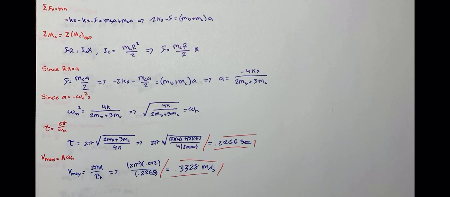And we know that Vmax is equal to A times omega n, which turns out to be 2 pi times A over the period, which is 2 pi times 0.012 divided by 0.2265, which gives us 0.3328 meters per second.